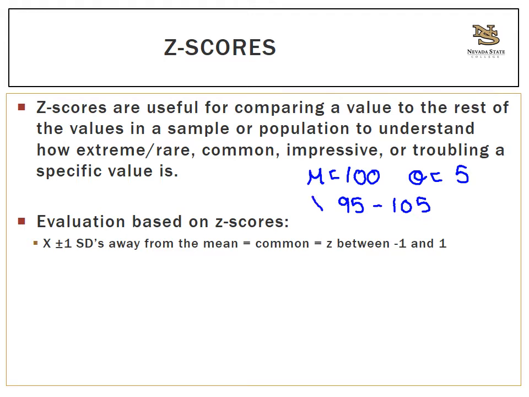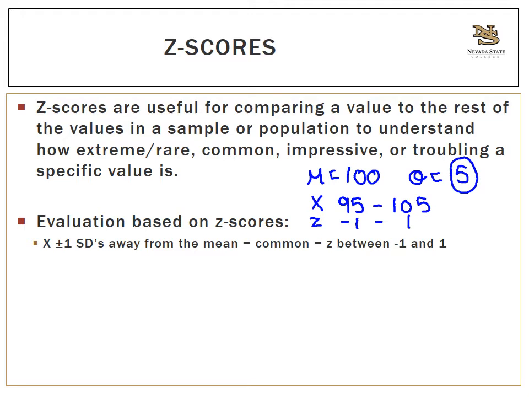Because that's going to have a z-score of -1 and a z-score of +1. That's going to be a very common score in that data set. Most scores are about 5 points from the mean. So any score that's within 5 points of the mean is within most scores.